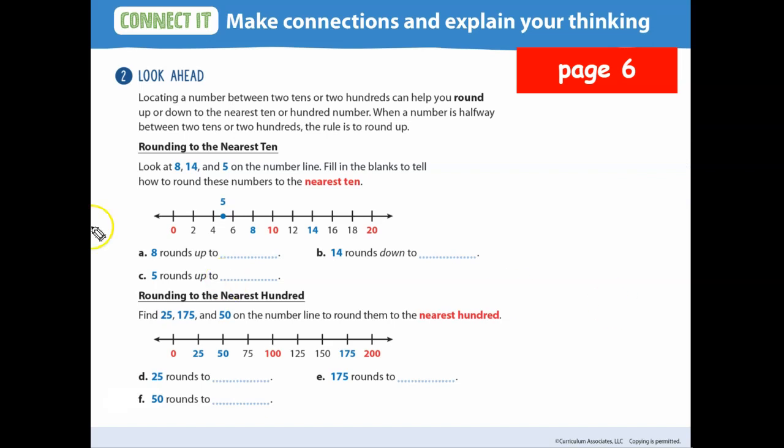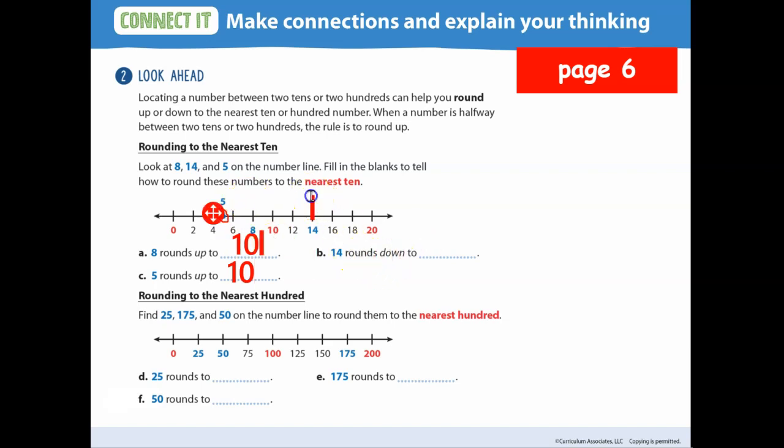Well, here is 5. Okay, so 5 is round up to the nearest. Is 5 closest to 0 or 10? 10. Okay, and here's 8 right here. So 8 rounds up to what? 10, because it's actually closer to 10.